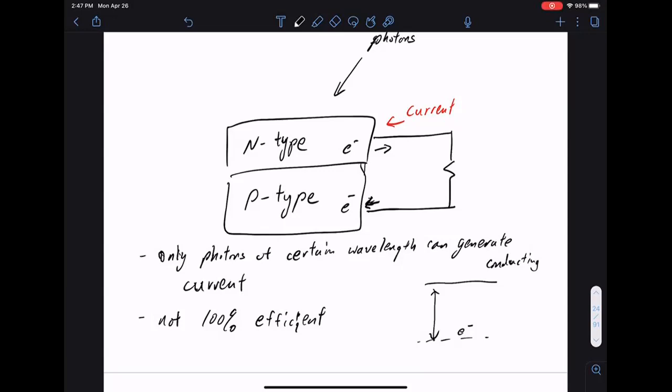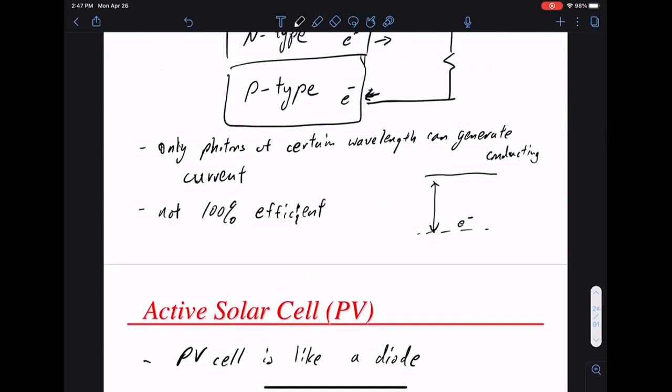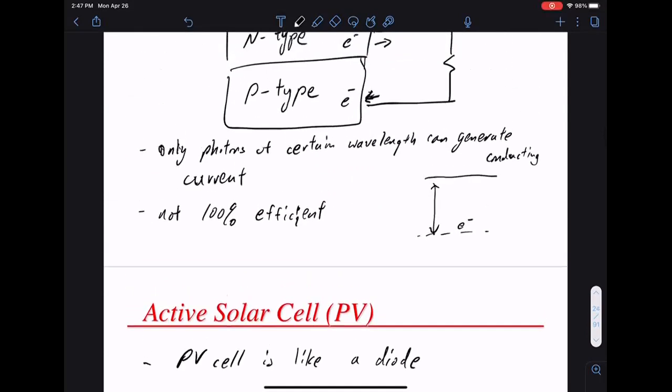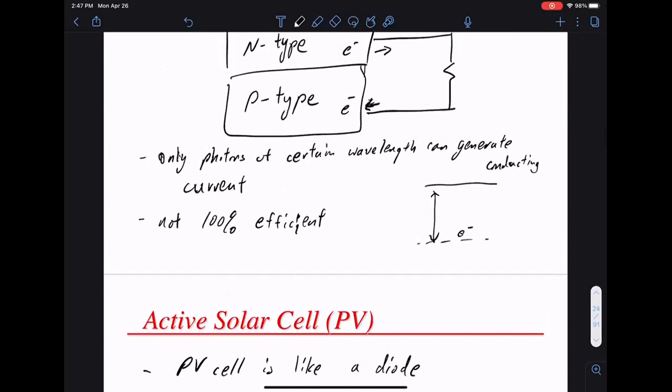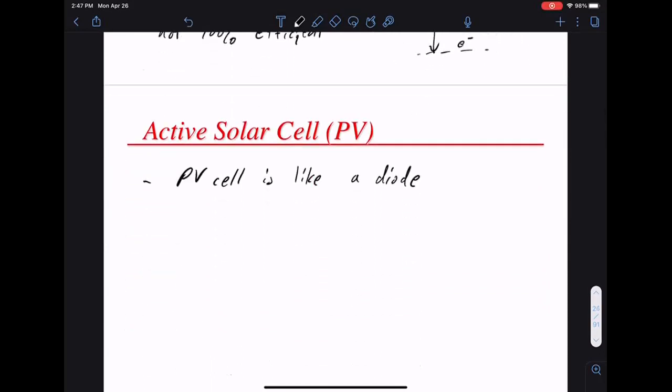All right, so we get this picture. Looking in more detail, a PV cell is actually a diode. When we convert this to an electric diagram, an equivalent circuit, we'll see a diode. So this is not unlike a diode.